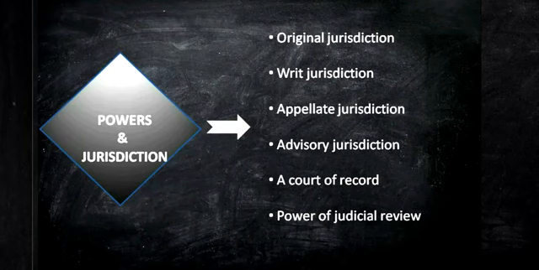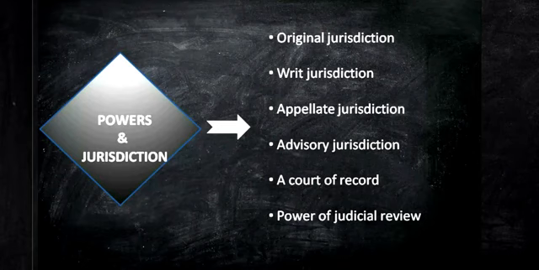Because first of all, jurisdiction means the extent to which the Supreme Court has the authority to try cases, to discuss particular things, or to deliver a judgment on a particular issue or not. Is it clear? So jurisdiction is indirectly implying the power of the Supreme Court. So that's why we are calling it jurisdiction.